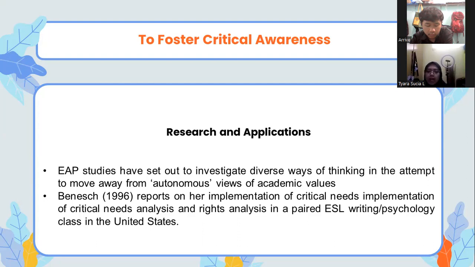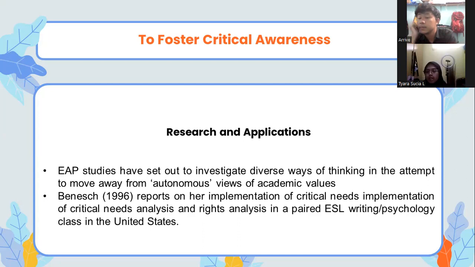Benesch argued that there is a need for EAP to have a dual focus. This dual focus of compliance and resistance allows students to choose which aspects they want to accept and which they might challenge. In Benesch's study, it was revealed that the students found the amount of reading required in one of their psychology papers unmanageable.